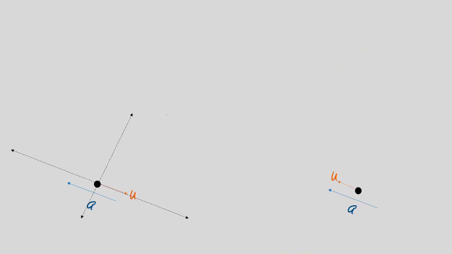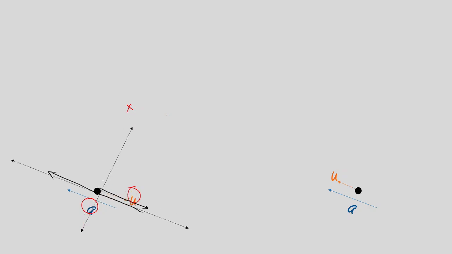In the third case, it's very simple. The u and a are aligned. So in the x direction you have no motion. In the y direction there will be motion. The particle will go till some point and then come back. So this will be a straight line motion. In the last case, again, it will be a straight line motion without any turning back.